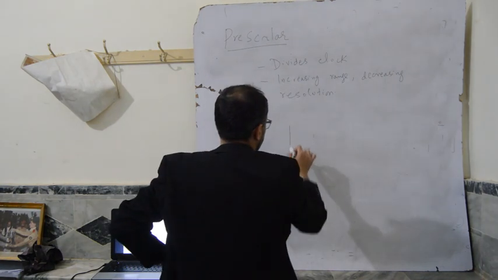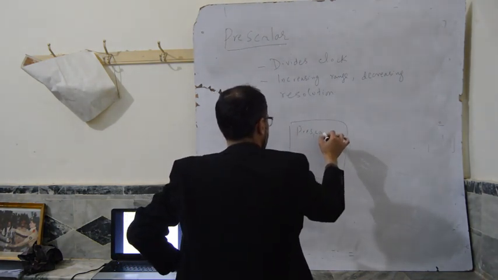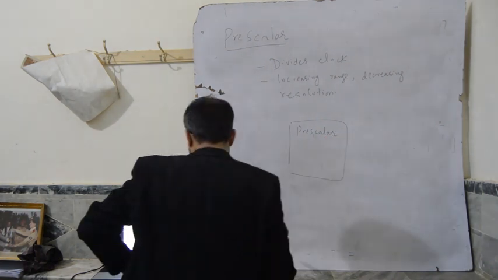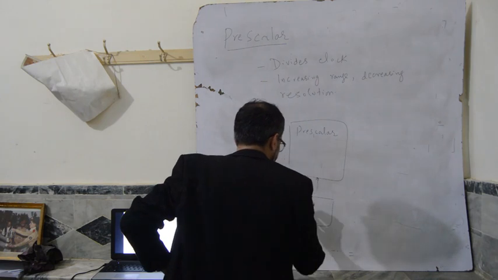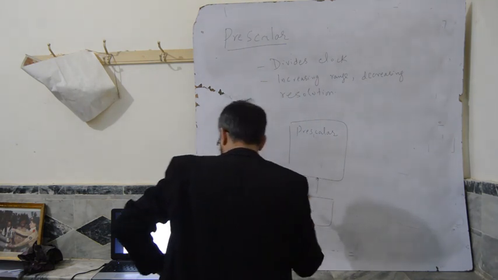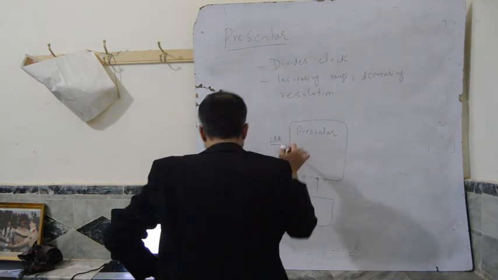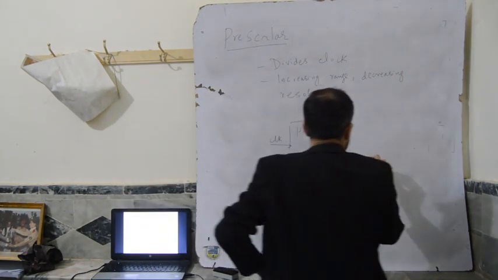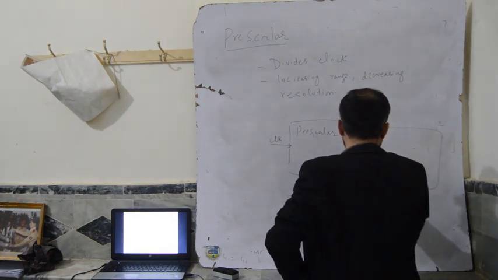So now let's assume this is a prescaler. There is a mode for the prescaler, I will also explain the mode. And now we have a clock, it will calculate the clock.